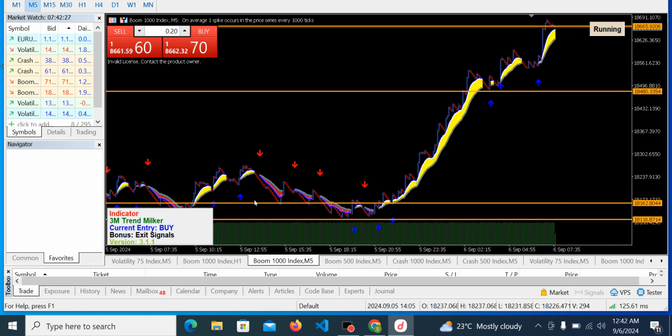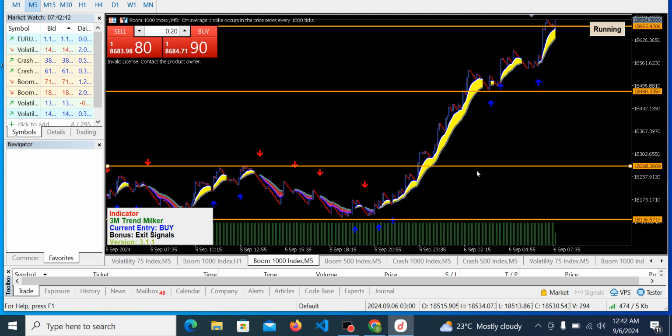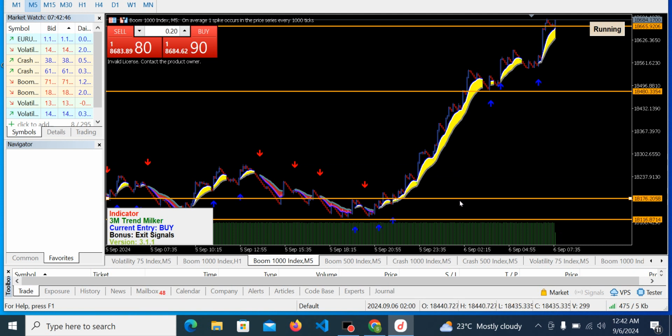And right from there it came down again to the support zone around there. It was unable to break out below it, and it broke out, and even broke out from this particular resistance zone around here, and it bought for a very long time. So this is very important.